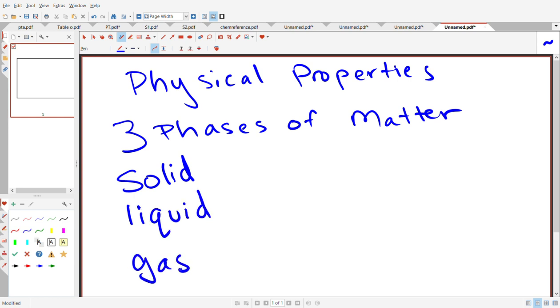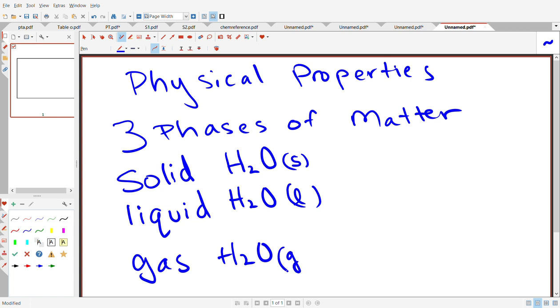So water could exist. Let's just use water as an example. Water could be an ice cube, and you'll see a little subscript S. Water could be in the liquid form that you drink, and water could be a vapor, which is a gas. It's still water, so that's why it's physical.